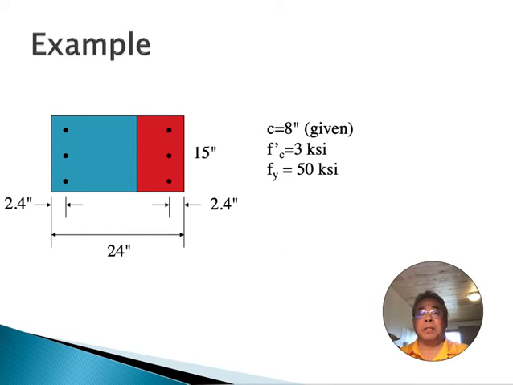What we want to know is when the neutral axis is at 8 inches, where I've drawn red and blue, so where it changes is 8 inches. When the neutral axis is 8 inches and it's at failure, what is P and M at that point?